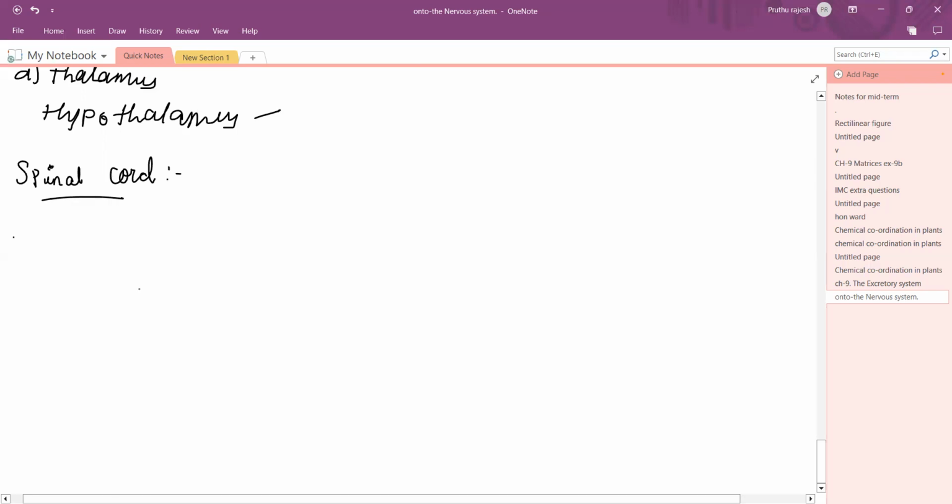Now the spinal cord extends from the medulla through almost the whole length of the backbone.